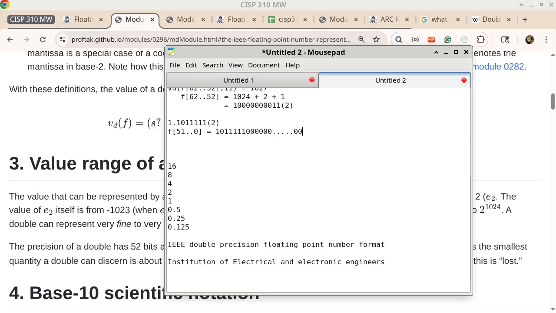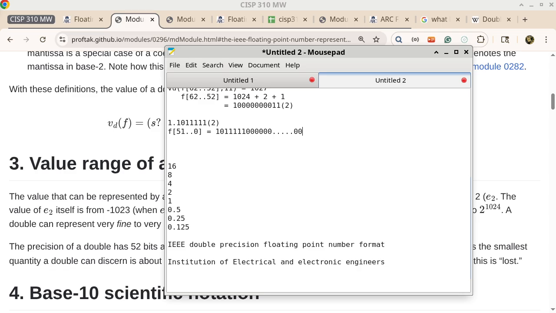This value over here? Yes. Is it going to be less than 2? Yes. Because what does 2 look like in binary? 1, 0. That's right. So anything that is 1 point whatever is going to be less than 2. Now, can it get really close to 2? Yes, but it can never be 2.